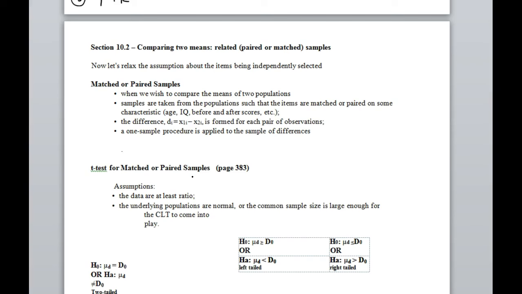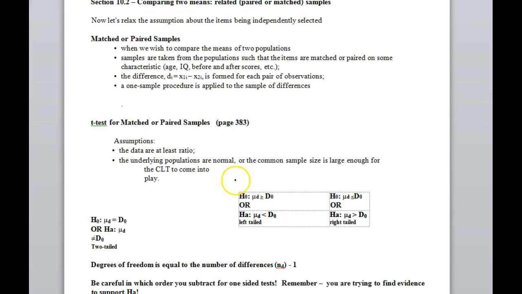So what we end up doing is taking the difference between those numerical data points. That difference becomes the number we're looking at, and we compare it to some d naught, right? And newsflash, we're probably going to be using a d naught of 0.